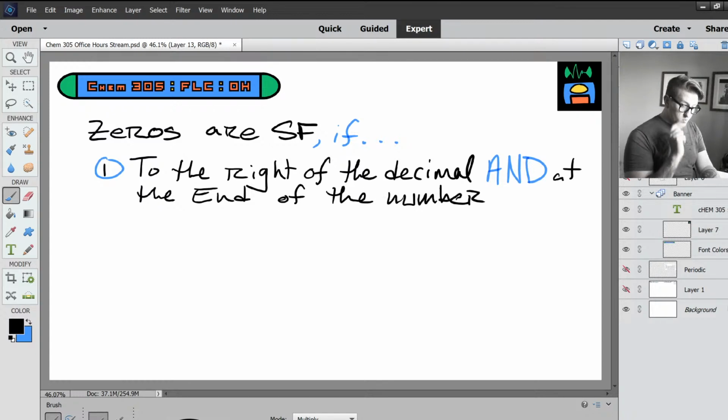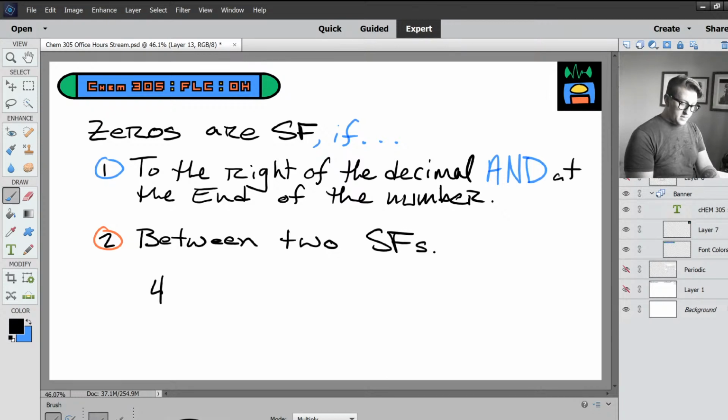That's the first condition where zeros are significant. The second condition is if they are between two sig figs.